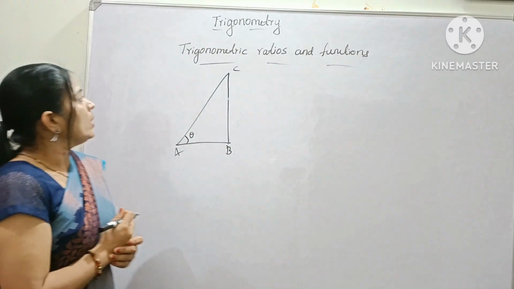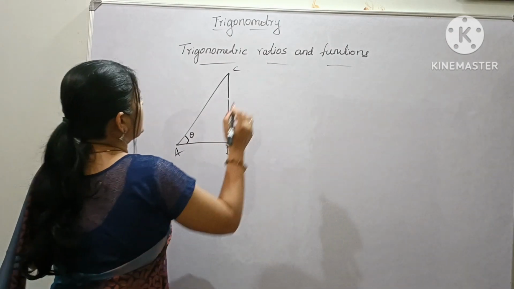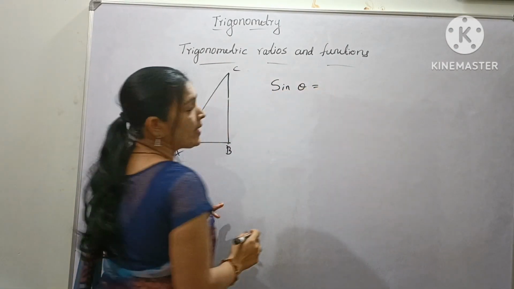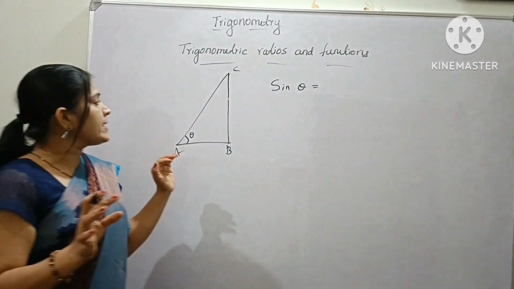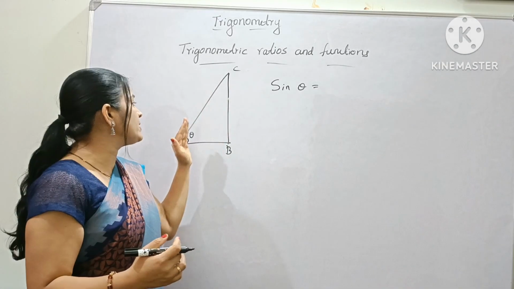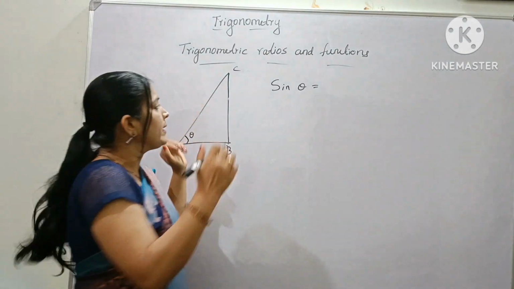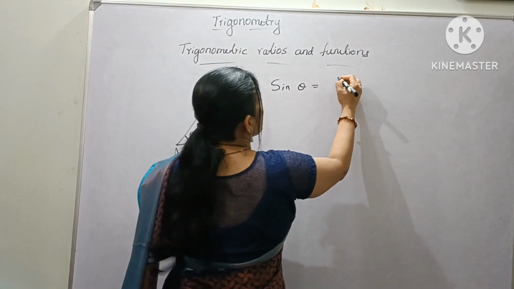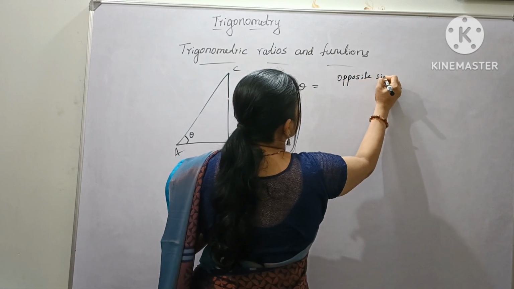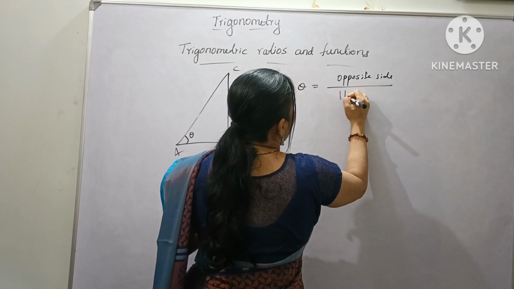Now first of all, the first trigonometric ratio, sine theta. Sine theta is the ratio of opposite side and hypotenuse, that is, sine theta is equal to opposite side divided by hypotenuse.